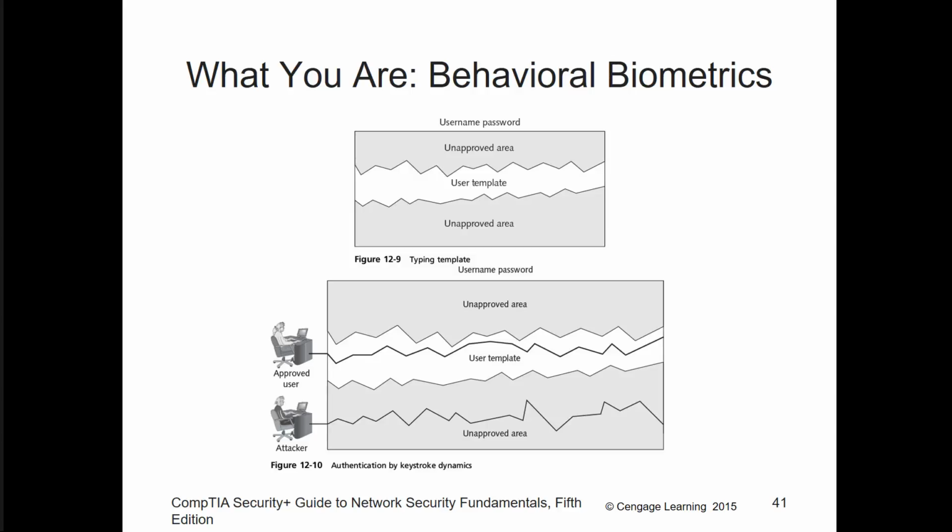Here we have our variations. Basically, we have behavioral biometrics, what has been found to be us, and then the attacker might have a variation of inputting things like a username and password, and so our approved template versus an attacker's template, they will probably not be the same.